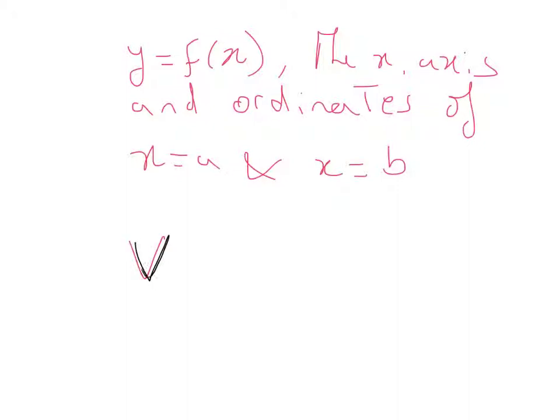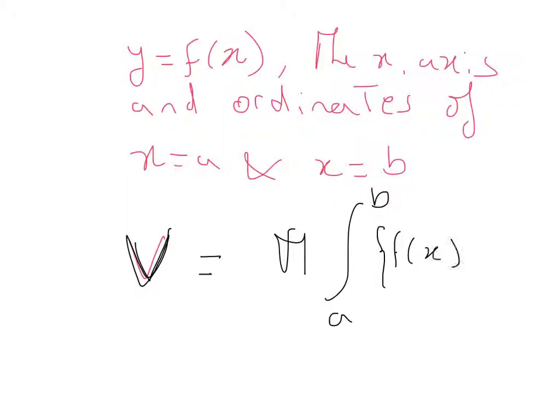V is actually equal to pi times the integral from A to B of f of x squared dx. So f of x can be written as, if I wanted to say, from A to B, y squared dx.